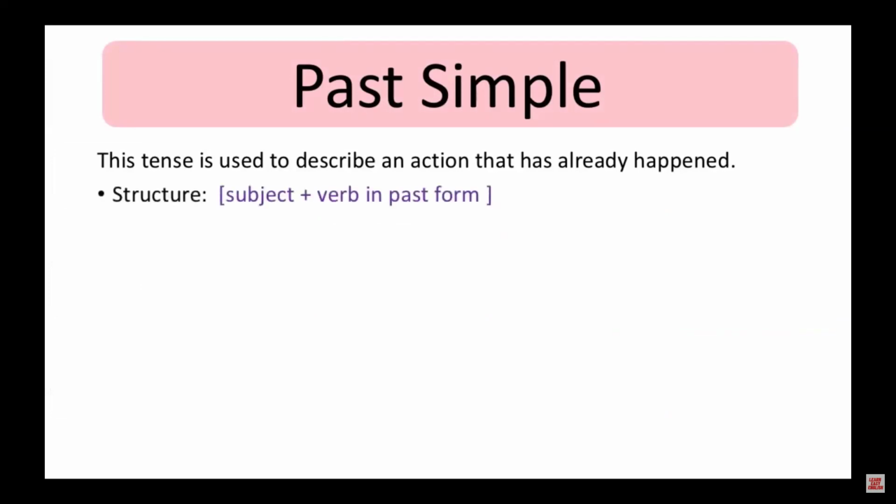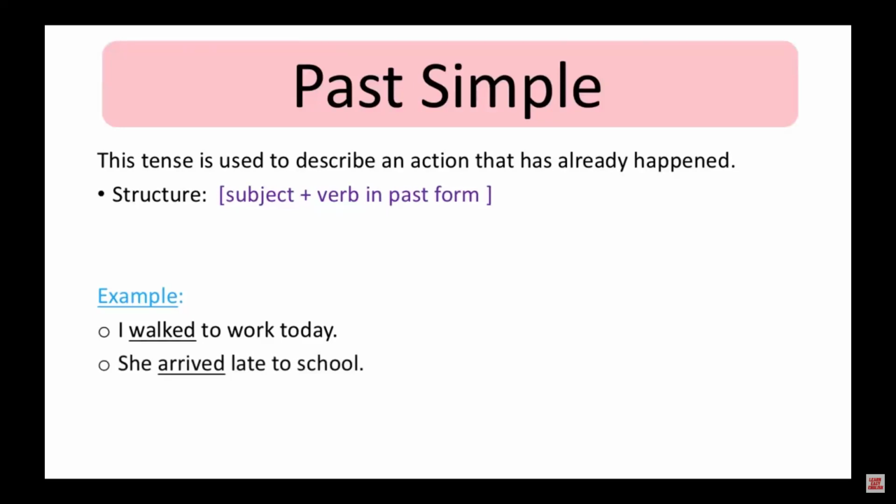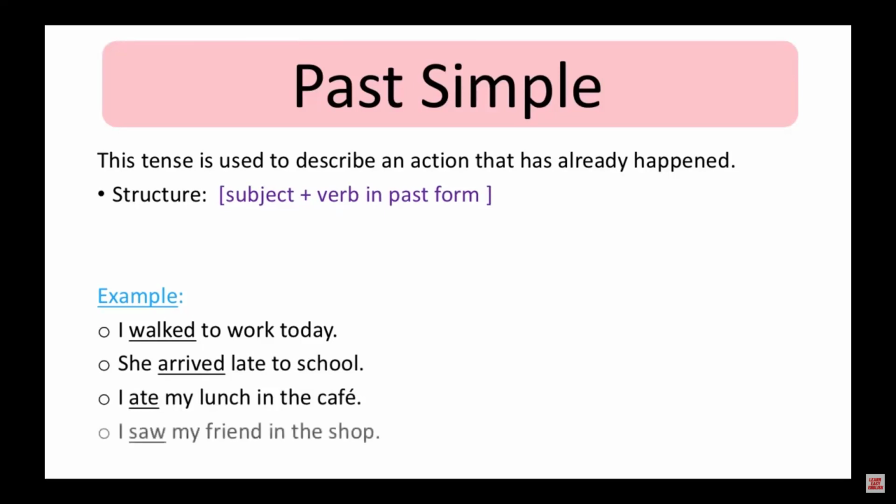The structure is the subject plus the verb in a past form. For example, I walked to work today. She arrived late to school. I ate my lunch in the cafe. I saw my friend in the shop. It's important to note that irregular verbs have different past forms. For example, eat, ate, eaten.